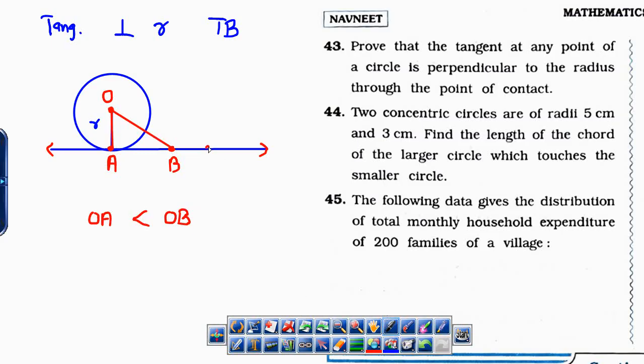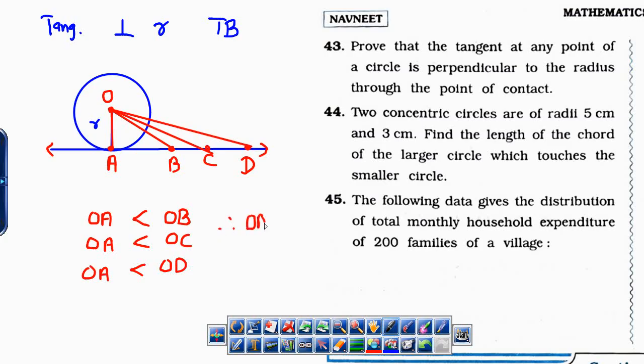If I take another point further away, this distance will become even more. So I can write OA is less than OC. If I keep taking many more points which are all outside the circle, OA will always be less than the other distances.